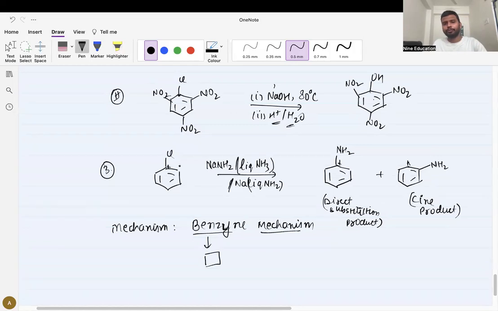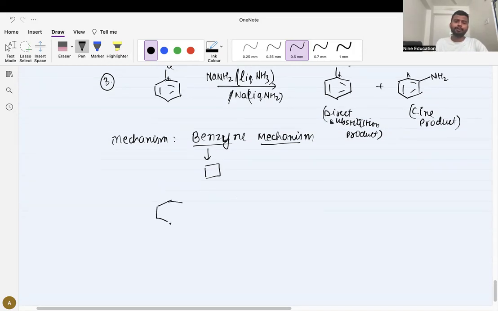If you want to convert chlorobenzene to aniline, you can use NaNH2 in liquid ammonia, which converts chlorine to NH2. Similarly, if you have bromine and want to convert it, I can put sodium in liquid ammonia, and you will get NH2.